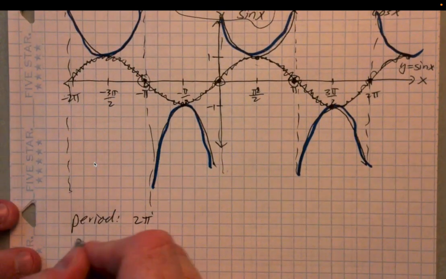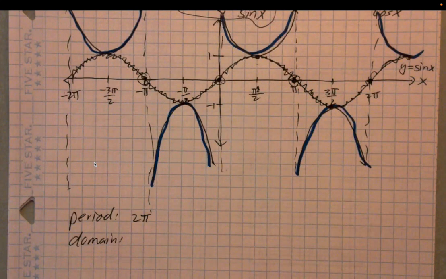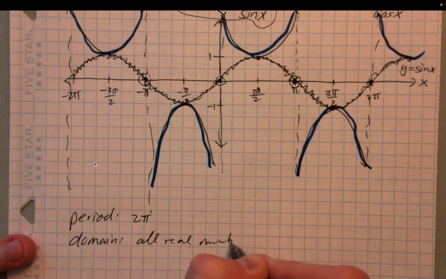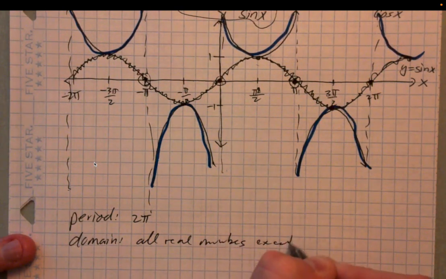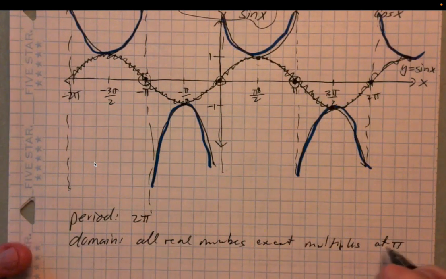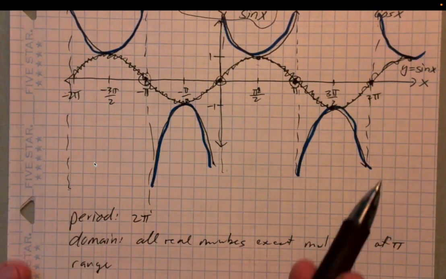What about the domain? The domain is all real numbers except multiples of pi. And the range is interesting here.